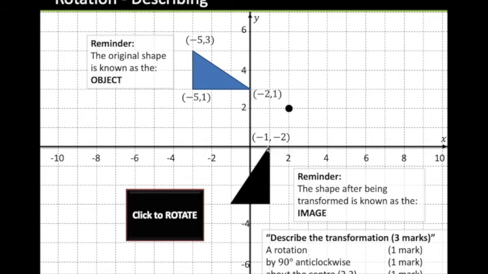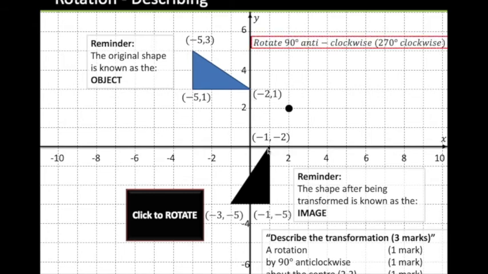Okay, and again, if we pick corresponding points, that point there, and that point there, you see that this follows the rules that I've shown you earlier. When we rotate anti-clockwise, point (x, y) changes to (-y, x).